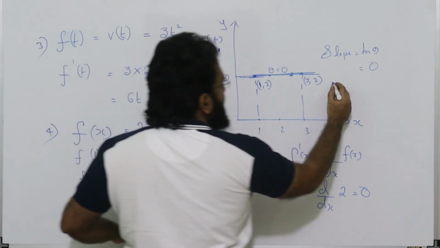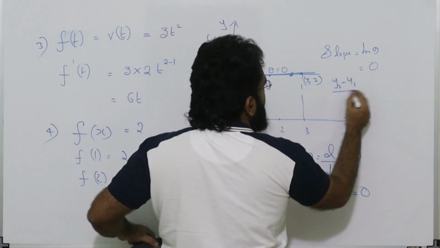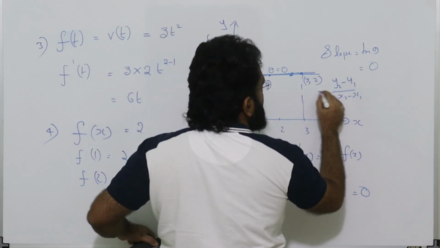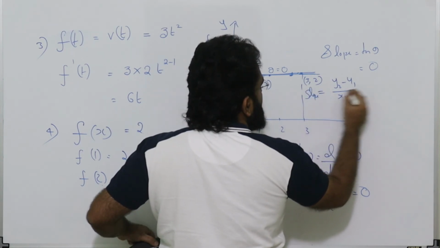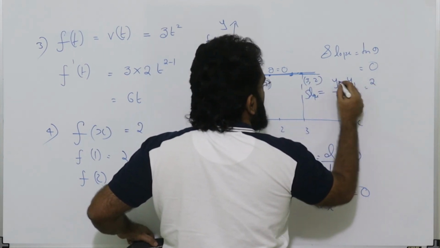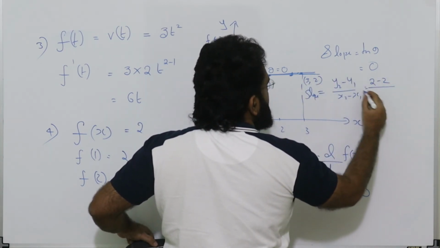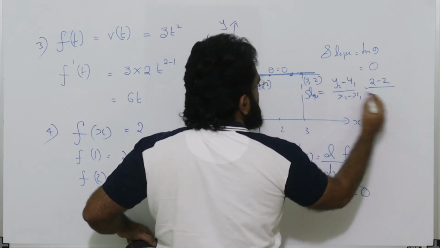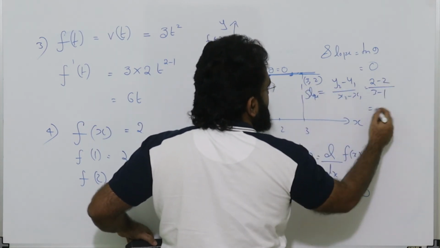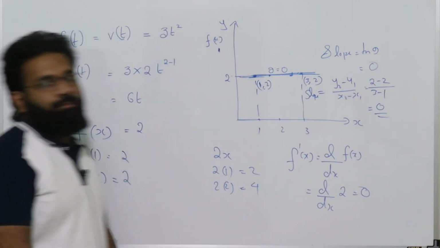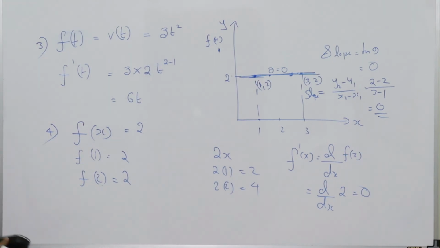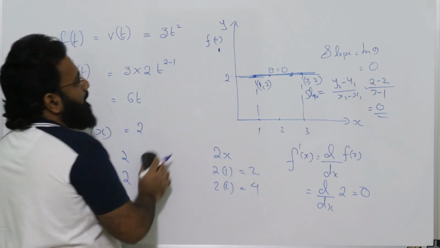So y2 minus y1 by x2 minus x1 is the slope. y2 is 2, y1 is 2, and the denominator is 3 minus 1, but that doesn't matter because the numerator is already 0. So in short, differentiation of a constant is 0.